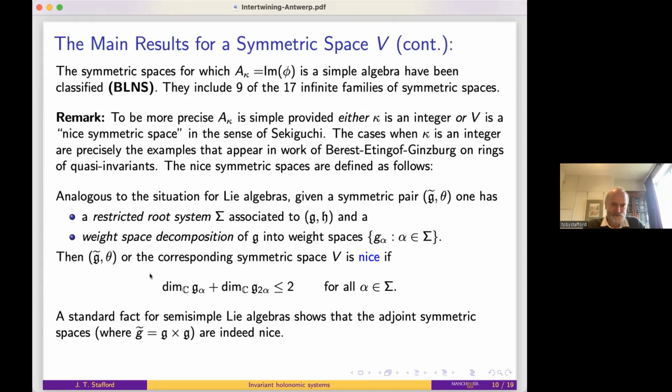So in particular, you'd have this formula tautologically.